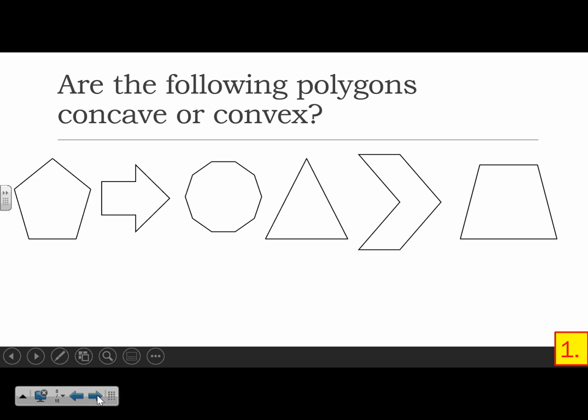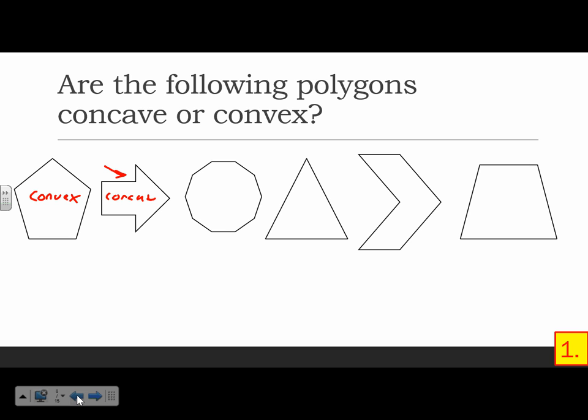So are the following polygons concave or convex? This one is convex. Honestly, in my opinion, the hardest part about these isn't knowing the definitions. It's not mixing those up, not saying it's convex when you actually meant concave. One way to remember is that concave is where it's caved inward.